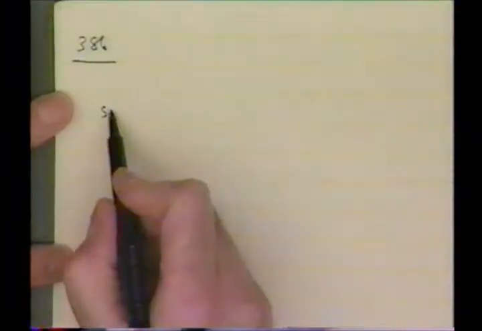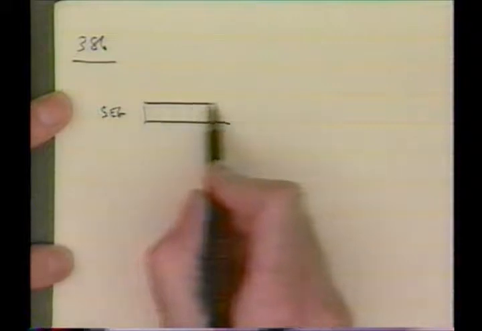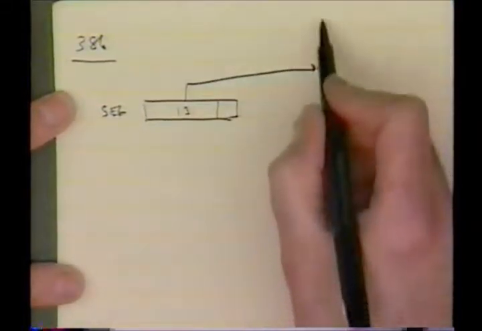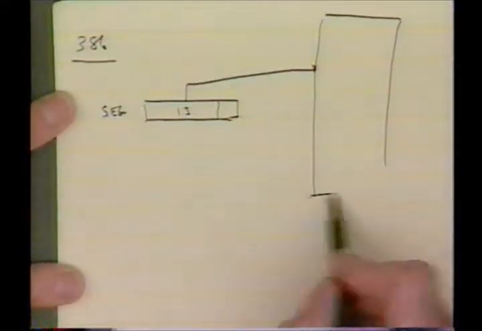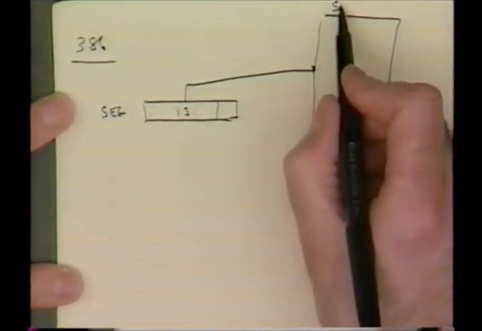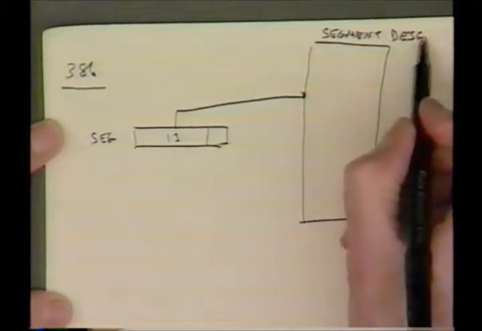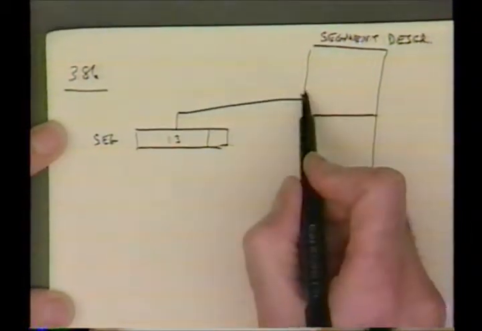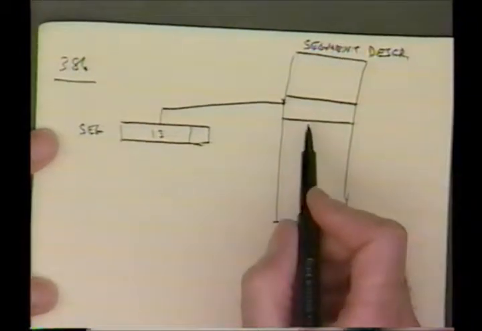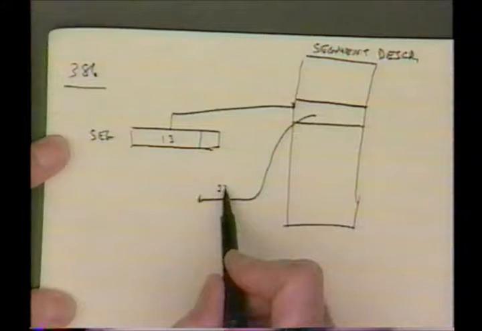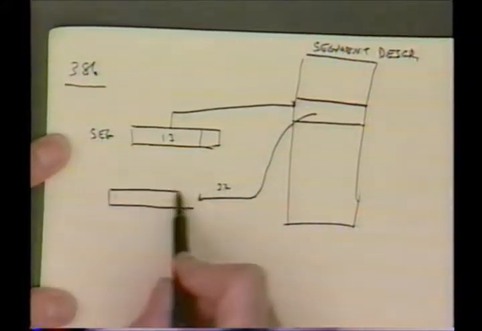But the other change they made in the segmentation part in the 386 was that the segment register, which is as it was before, still a 16-bit register of which 13 bits identify a descriptor in a segment table. These are the segment descriptors. One of the fields in the segment descriptor now is a 32-bit value instead of a 24-bit value, which is the base address.